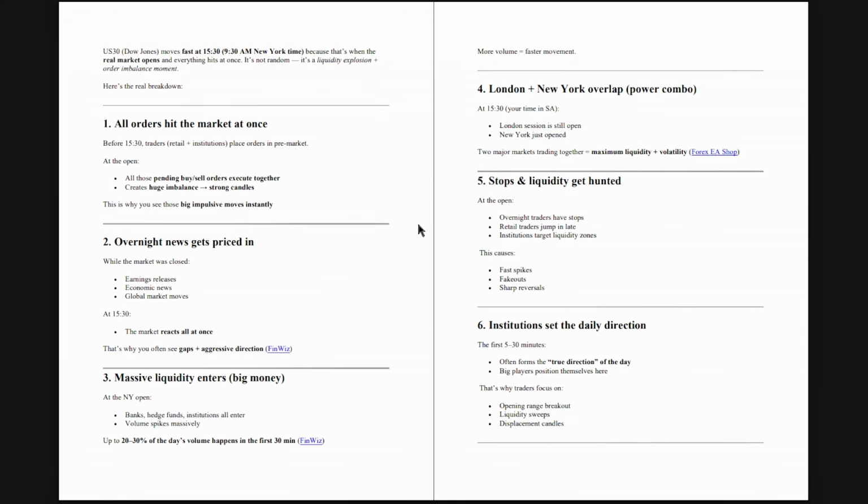It's because this is when they start to move. There's something major happening that is directly meant to move the currencies, including the spot metal, which is XAU USD. Same thing with the indices. Wait for 15:30, then you will see magic happening because of these things.